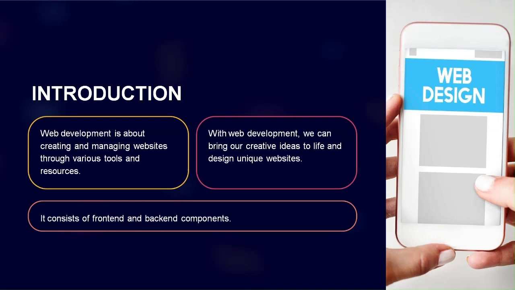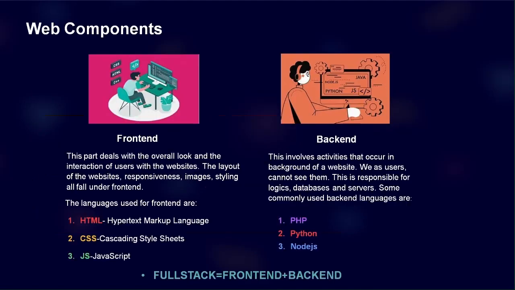want. So, to understand the web development completely, we need to understand its two major components, that is, the front end and the back end. So the front end part of a website is the part of the website that we as users can interact through.